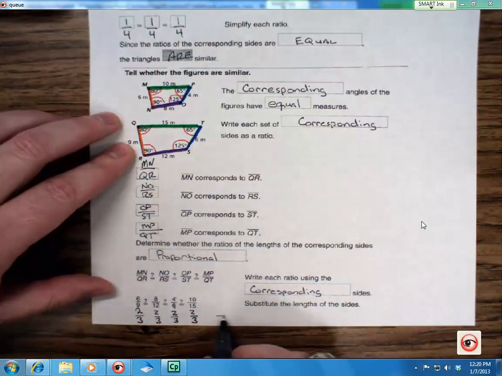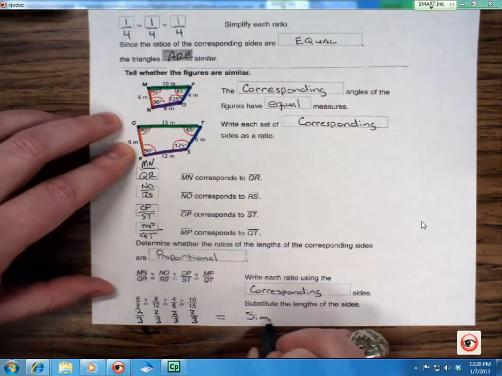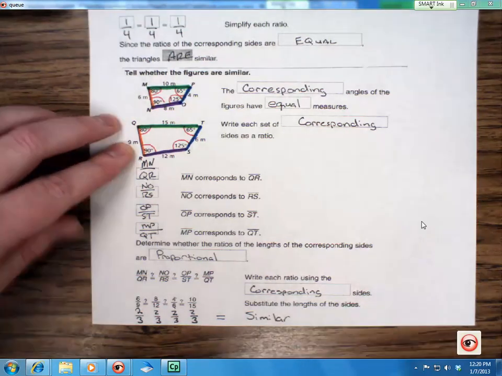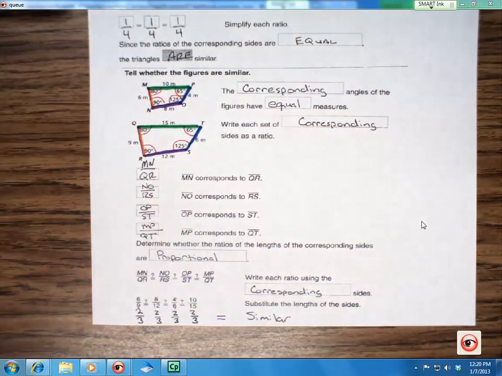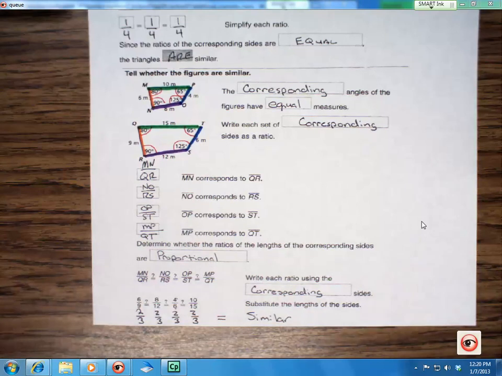Yes, and because they all equal each other, then our shape is similar. If they did not all equal each other, then our shape would not be similar. Now, that's important because on your homework this evening, it actually asks you to identify whether these shapes are similar or not.